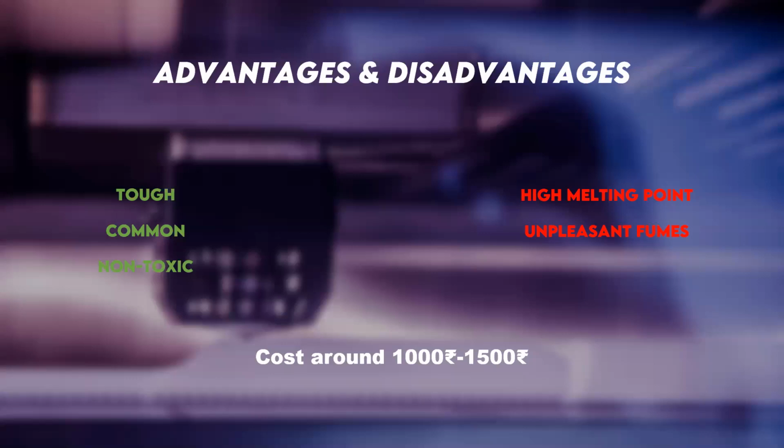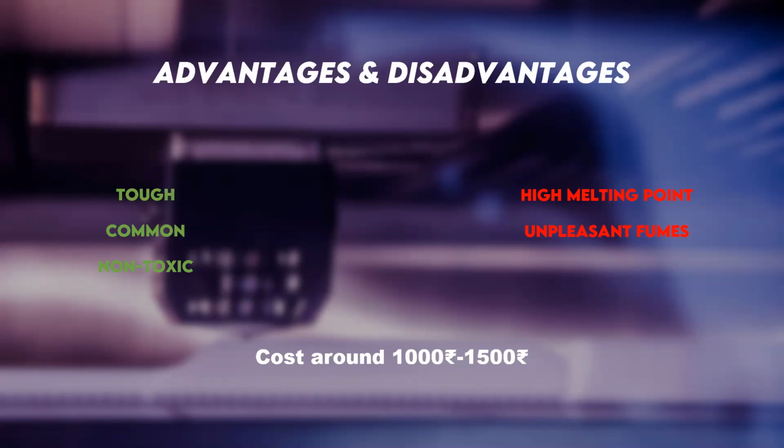ABS has one of the main disadvantages for a 3D printer, which is the unpleasant fumes. It is harmful to consume the fumes coming out of the 3D printer because of the ABS.